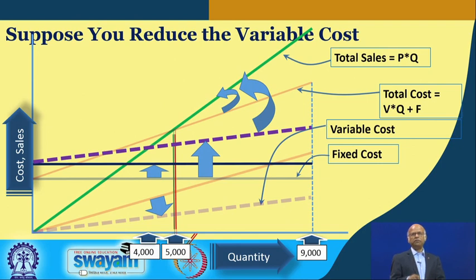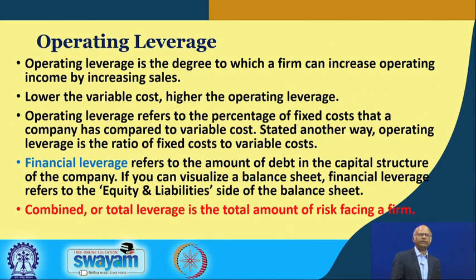The slope of the sales line minus the slope of the total cost line is the profit. So for lower variable cost and higher fixed cost, the angle is higher and you make more profit. Let us define that part. This is the higher angle and the previous one is the lower angle.